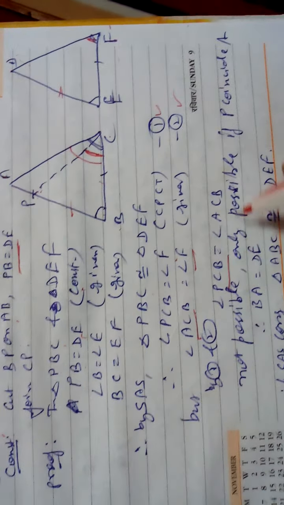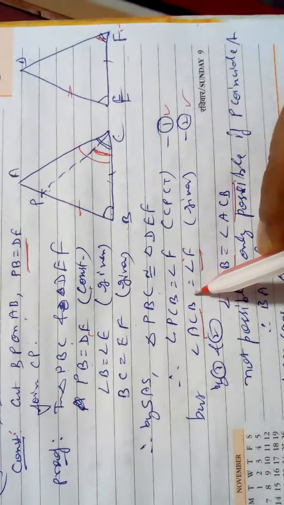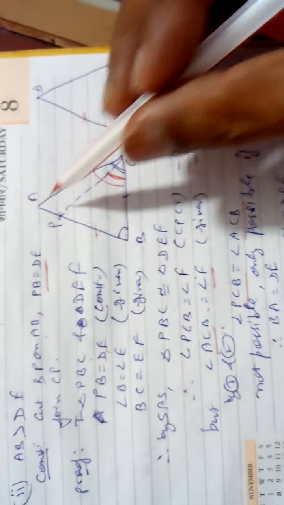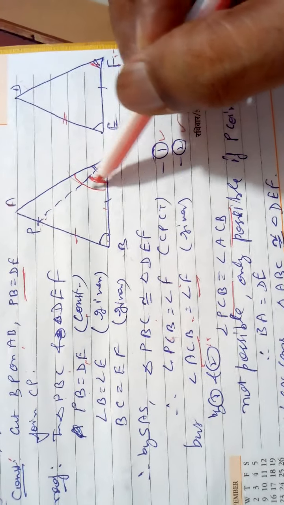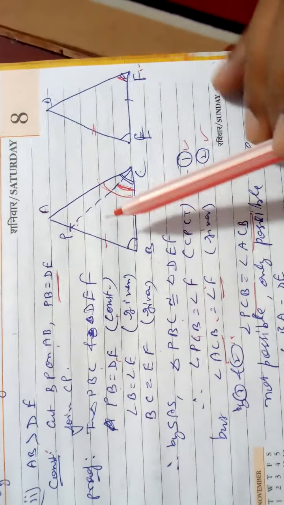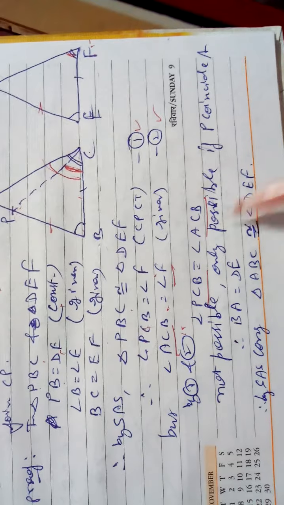Angle PCB is equal to angle ACB. ACB is equal to angle F, it is given here. Here it is also F, so both are equal. So PCB is equal to ACB, which is not possible. It is a small angle, it is a big angle. Both this and this are not equal. Only possible when A and P coincide.